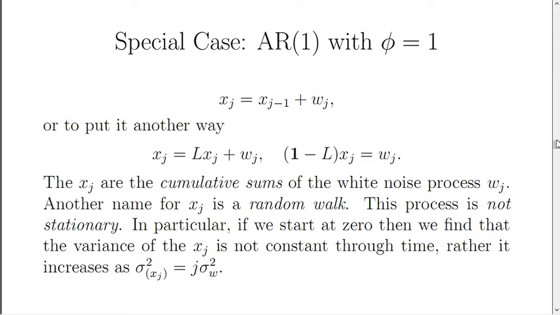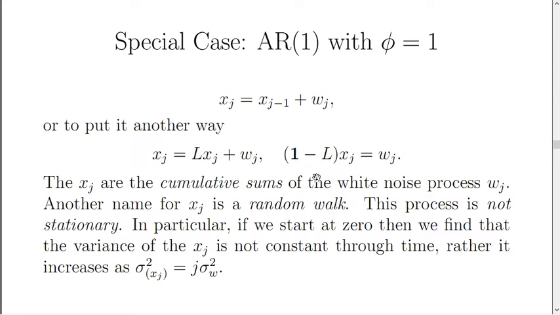Let's consider an AR1 process when the AR1 coefficient is equal to 1. In that case, a given data value is equal to the previous data value plus a white noise term. As we carry further and further, we'll keep adding more and more white noise terms. We can put it another way by using the lag operator, but notice that the coefficient phi, which would ordinarily be there, is equal to 1, so I haven't even bothered to write it.